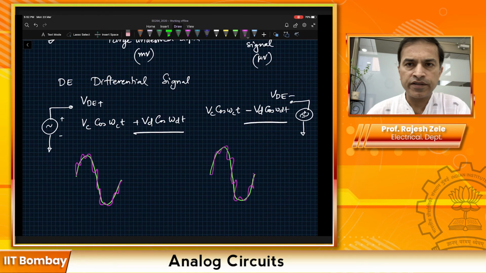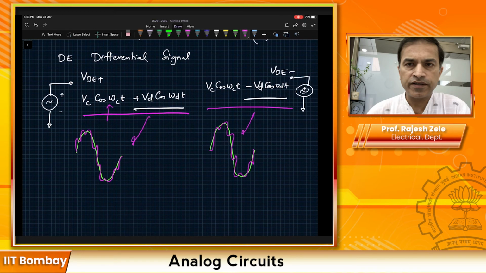If we delete the green part, the magenta curve is the sum total of these two, and the green part is the common mode signal. So the common mode signal shows up the same way on both sides, but the differential signal shows up in opposite phase on both sides.